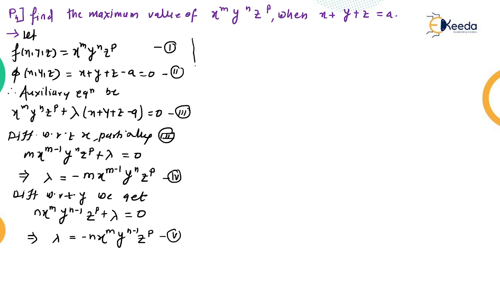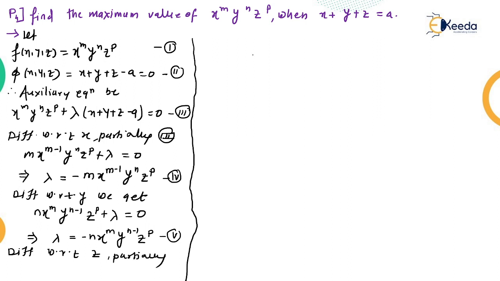Now again differentiating equation 3 with respect to the next variable z partially.